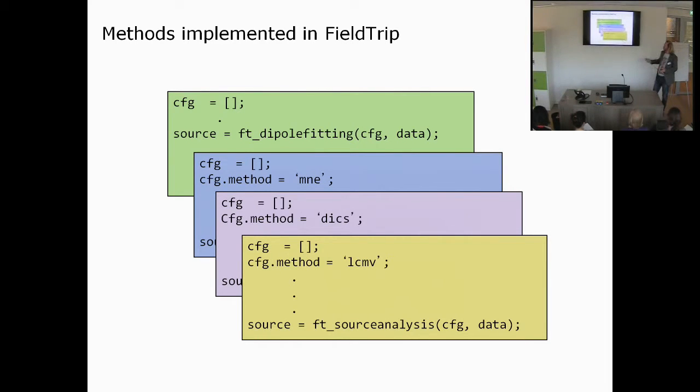The reason for pooling these methods together in a single function is that they all require a description of the sources throughout the whole brain. The beamforming methods themselves are not a distributed source method, but we typically apply them to a grid that covers the whole brain or the cortical sheet. Whereas dipole fitting really returns the estimates at only a few points, so the interface is a bit different.